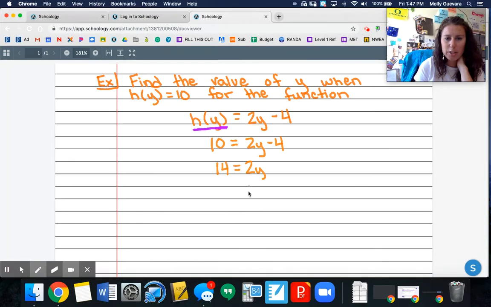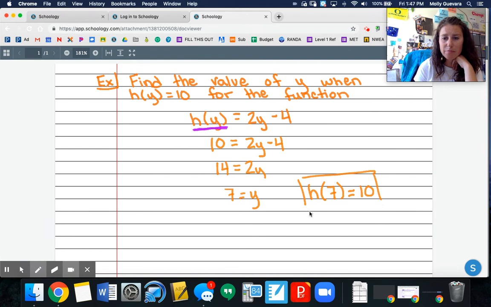Divide both sides by 2, and I get y equals 7. So that tells me that in order to get out 10, I would have to plug in 7. So h of 7, if I plug in 7 into the h function, would get me 10.